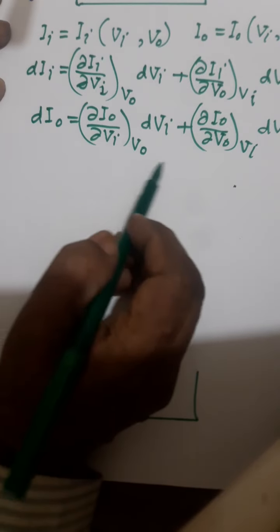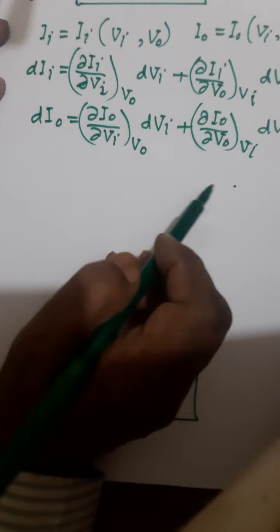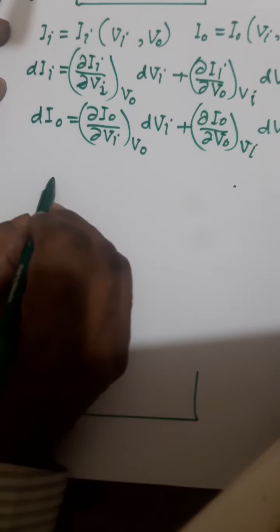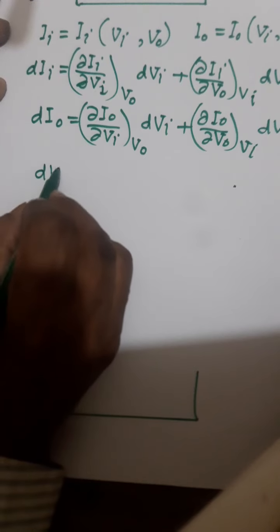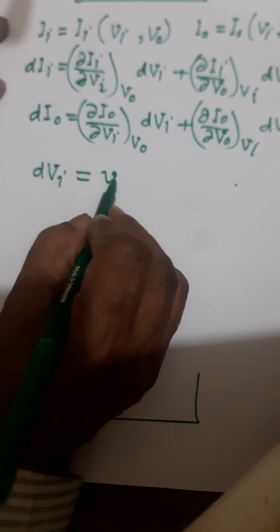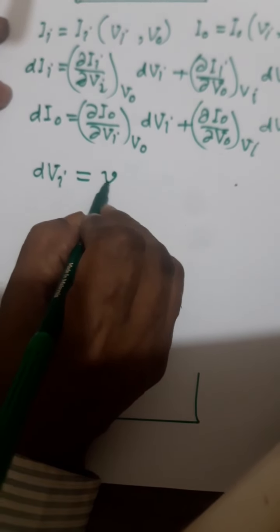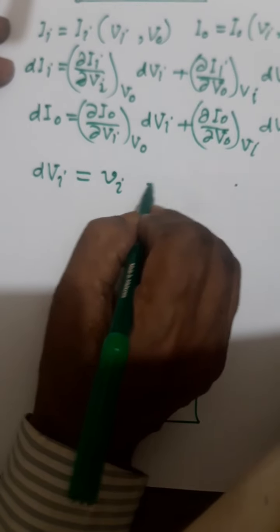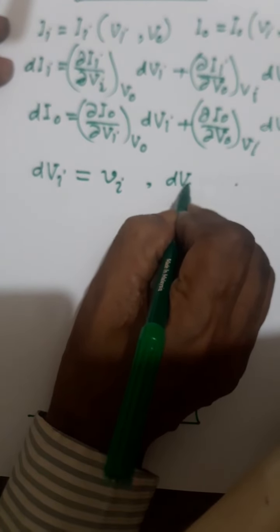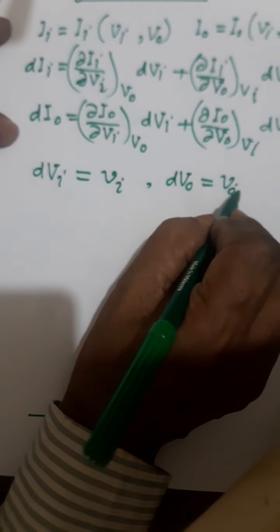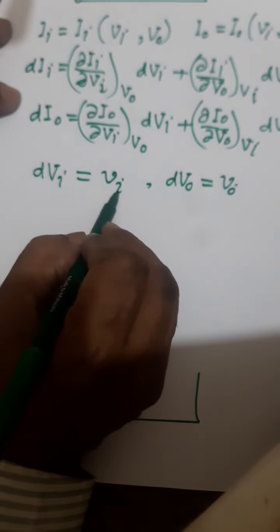Vi and Vo are DC voltages. Their changes are AC voltages. The change in Vi, dVi, is the AC input voltage, small vi, and dVo is small vo, the output AC voltage.